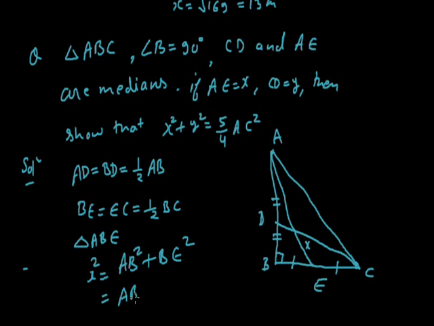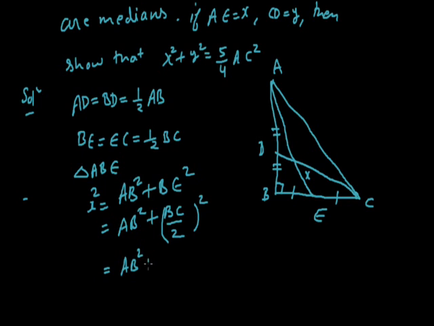Now as we know BE is equal to half of BC, in place of BE we write BC upon 2 the whole square. So AB square plus BC by 2 the whole square means AB square plus BC square by 4.